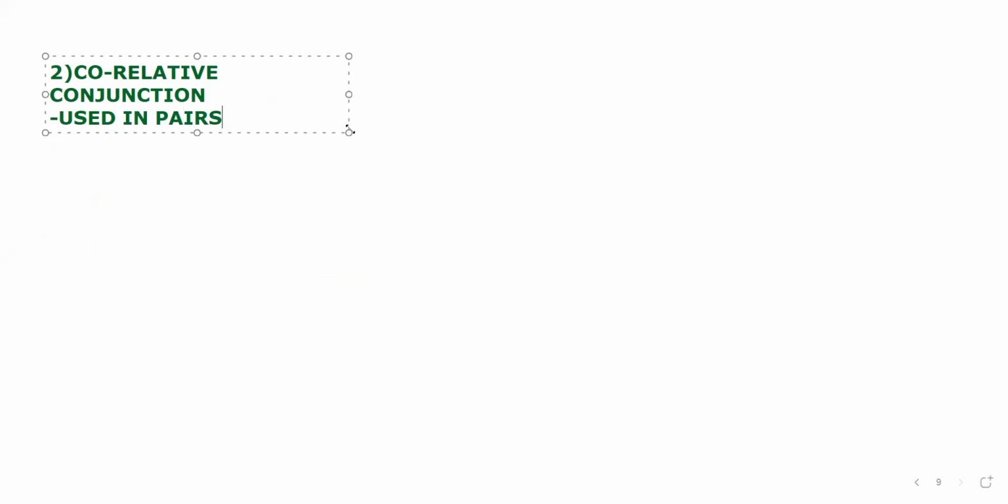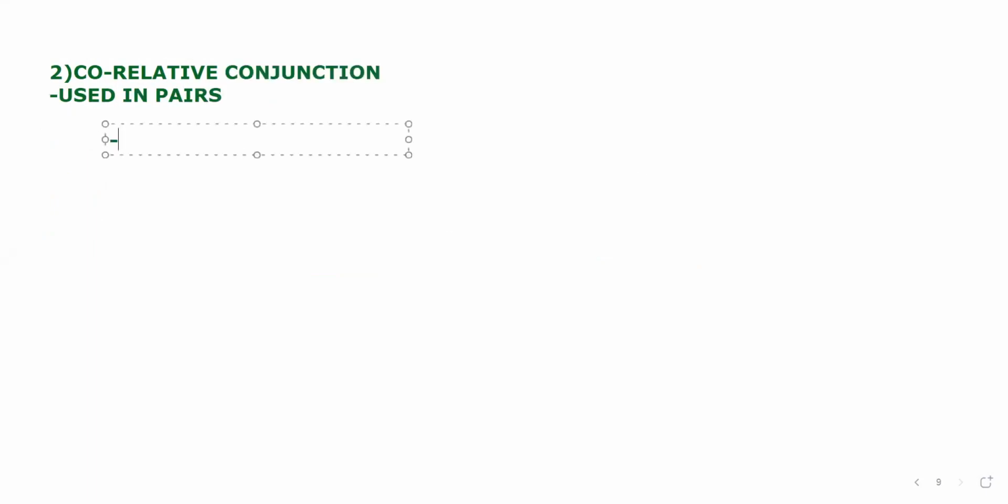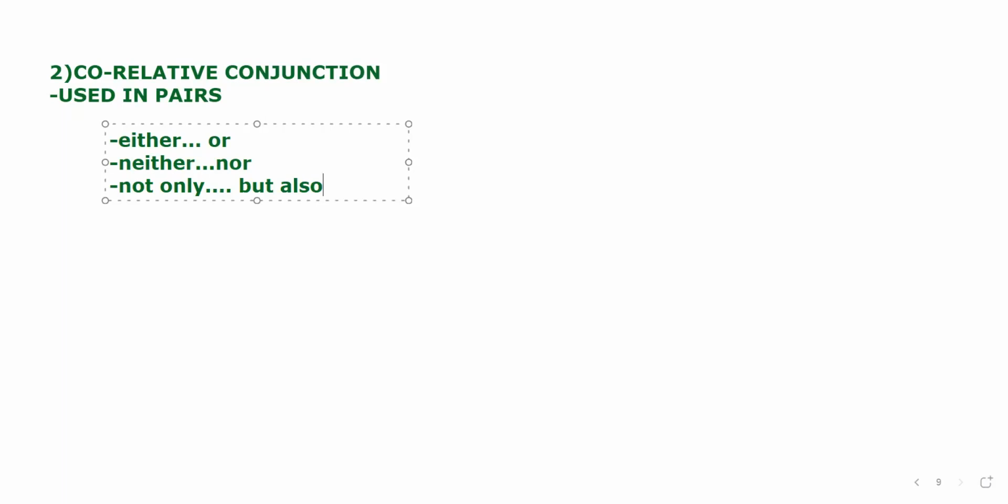For example, we have either or, neither nor, not only but also, just as so. Is that clear, guys?